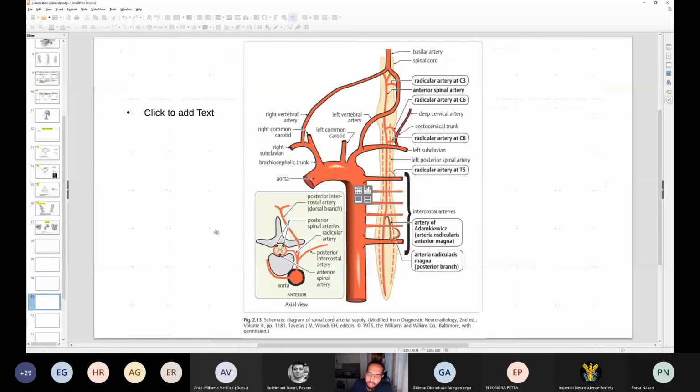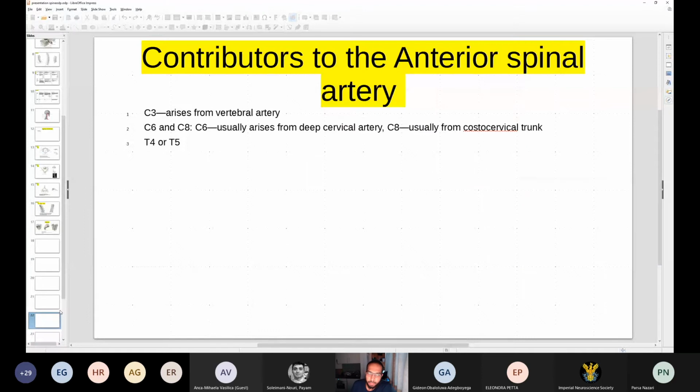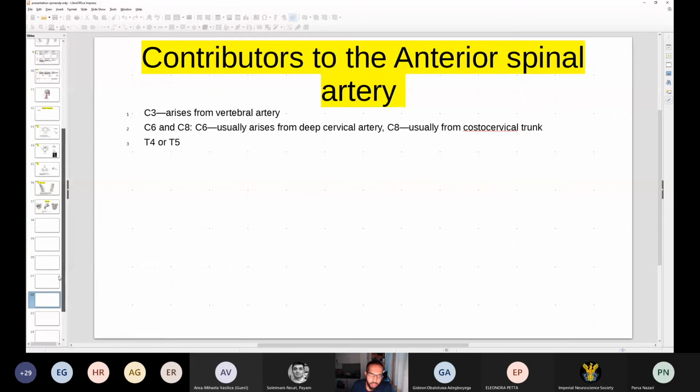Here you have a major artery called the artery of Adamkiewicz, or arteria radicularis anterior magna, and it's important because it supplies a major part of the cord. These are the contributors again: C3 and C6 and C8, cervical trunk, and then again at T4 and T5.